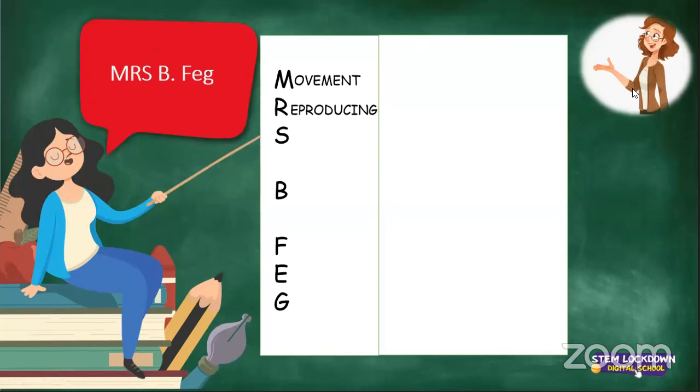The one with the S, sensing. Can you already see how the animal's structure plays a role here? The B is for breathing. The F is for feeding.